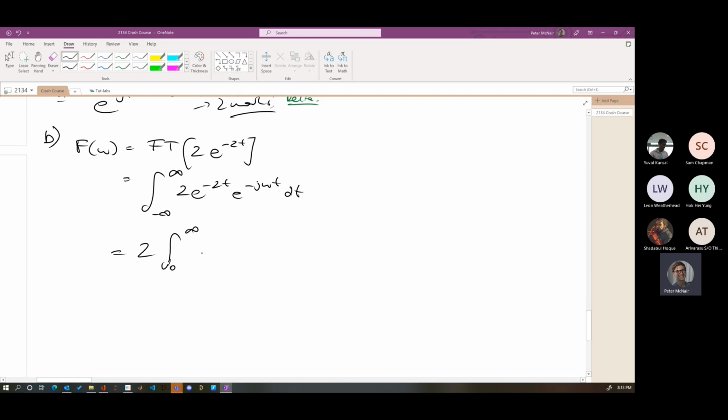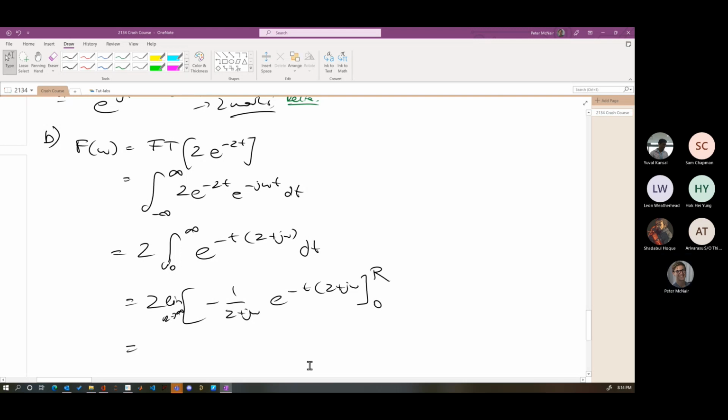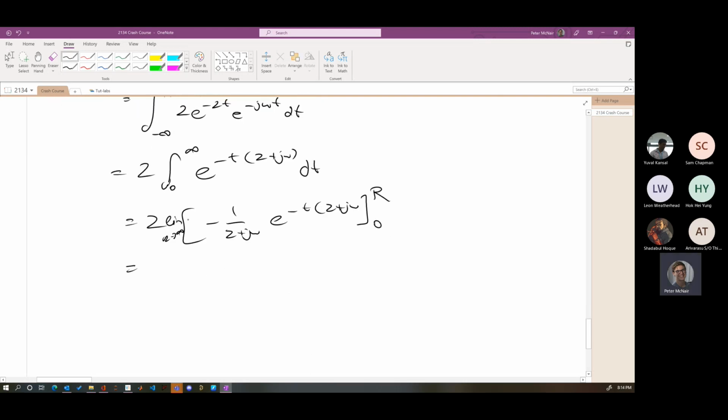And this is the integral of e to the minus t times (2 plus j omega) dt. Integrate it: minus 1 on 2 plus j omega, e to the minus t (2 plus j omega). Let's go to r and then take the limit as r goes to infinity, just for correctness, doesn't really matter.